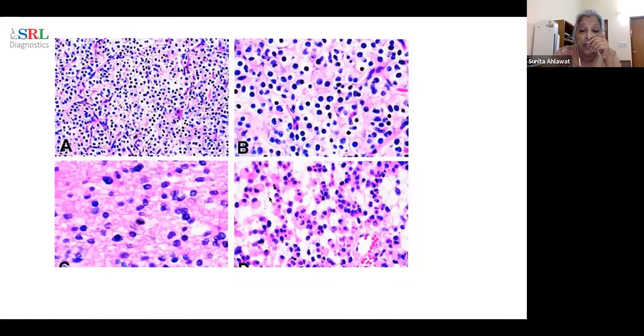They also can show this plasmacytoid appearance, and these are called mini gemistocytes. This is the characteristic vasculature that is seen in oligodendrogliomas, called chicken wire vasculature. And these mini gemistocytes can sometimes make large areas in oligodendroglioma.